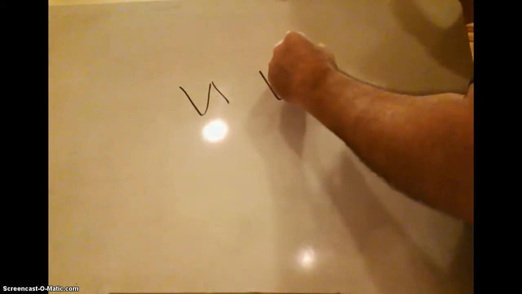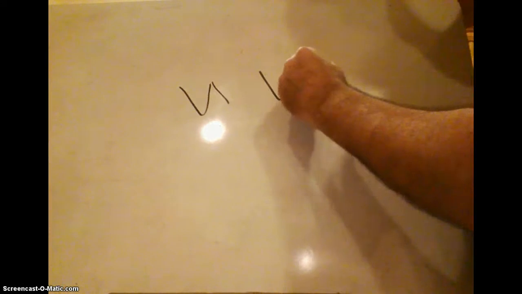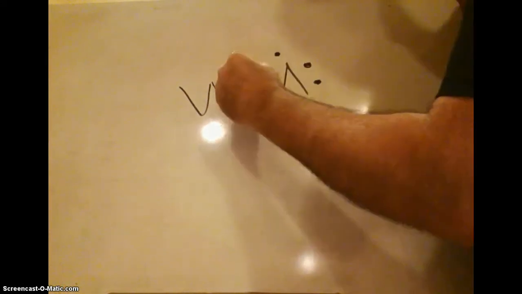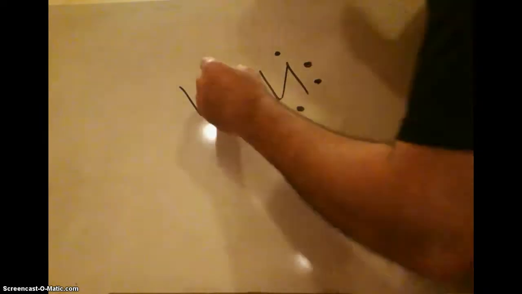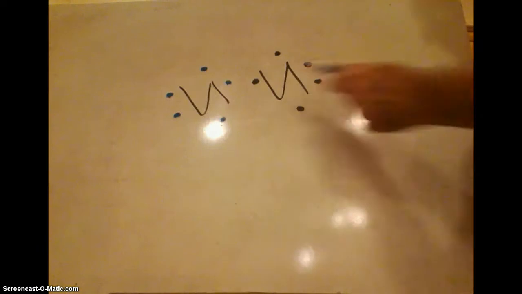And nitrogen is normally written, you have its valence electrons like this. And over here, the other one has the same situation. Each one has 5 valence electrons, and so each one needs 3.